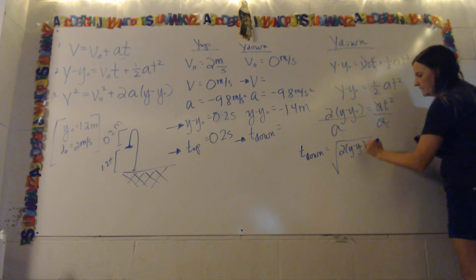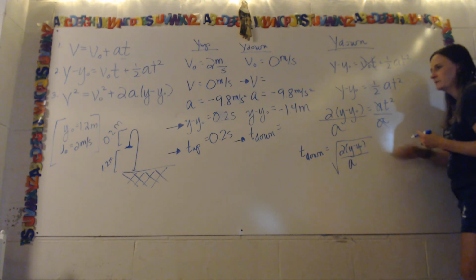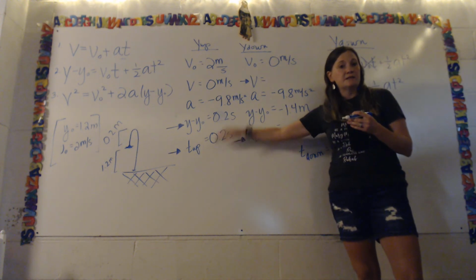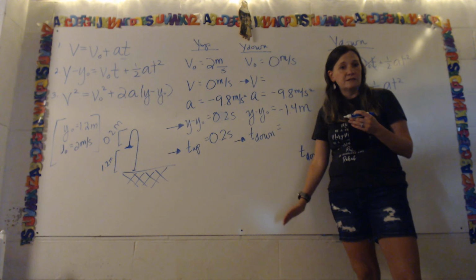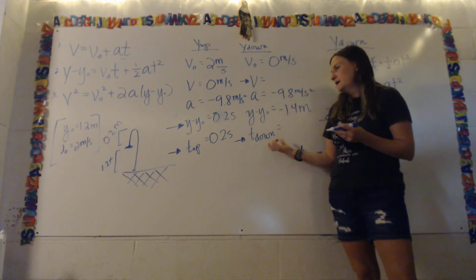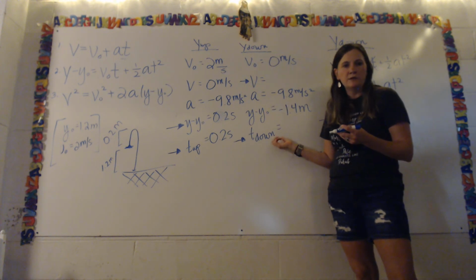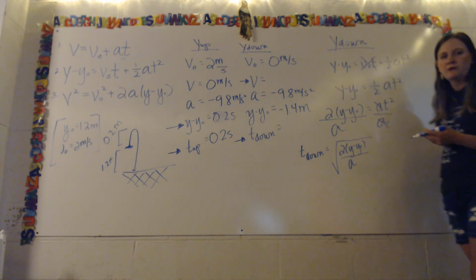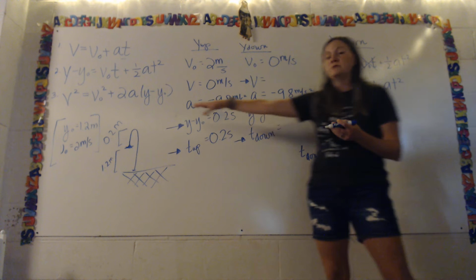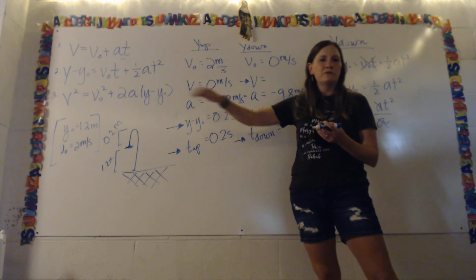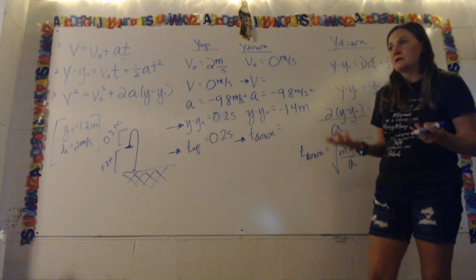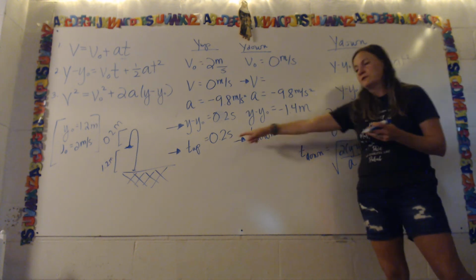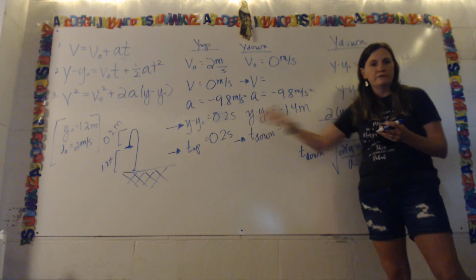Now, I'm about to put my numbers in, but let's think about it. It went up for 0.2 seconds. It's coming back down a greater distance. And so what I'm expecting to see, a good way to check yourself, is that my time down is a little bit greater than my time up. Now again, here I was using pretty small numbers, 1 and 2, right? So there shouldn't be a dramatic difference in this case. But if I get time down to be bigger than 0.2, I should feel pretty confident about my work.